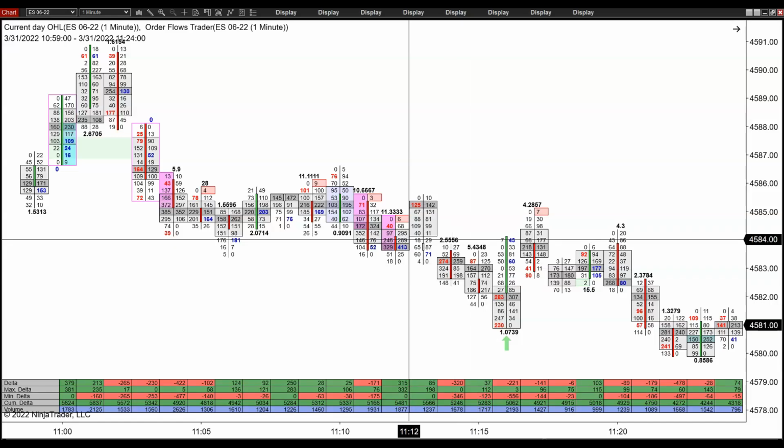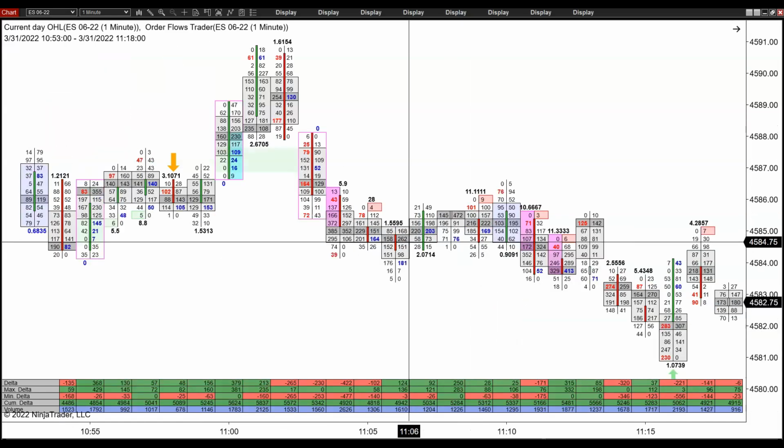Why that's important is because it could give you signs of when a trend is starting to happen, because trends often happen when markets break out of periods of consolidation. And if you're in a period of consolidation, you want to see value building up at a certain price level.